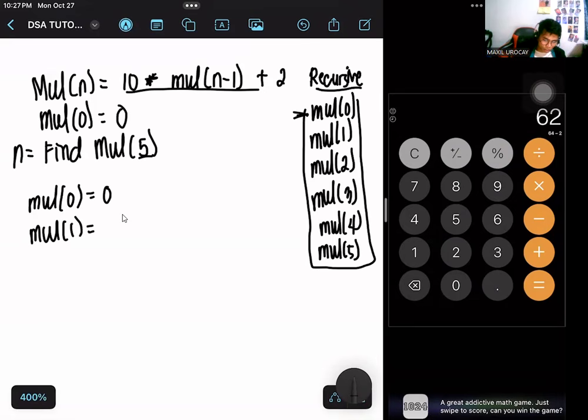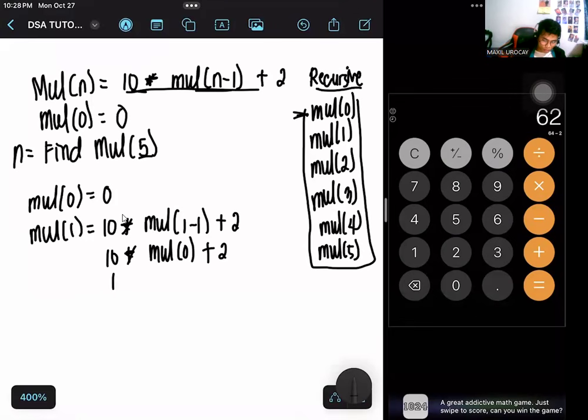Mul 1 will become, using the formula, 10 times mul of n minus 1, plus 2. Here n is 1, so n minus 1 is 0. So 10 times mul 0, which is 0, plus 2.